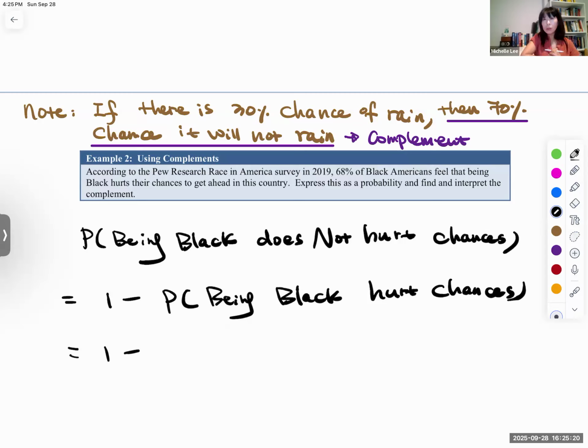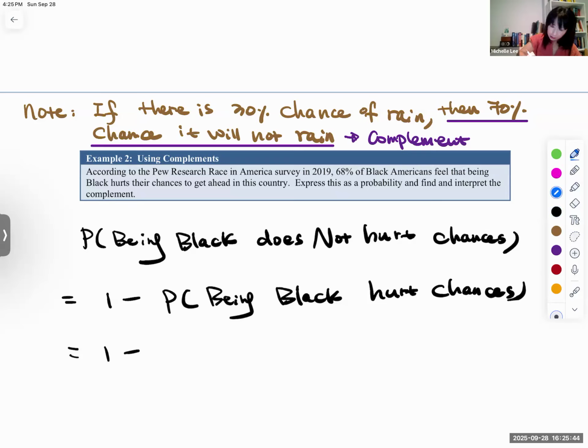Okay, so when we calculate, we have to change it to a number, right? From the percent. So from the percent, how do you make a number? We make a decimal, right? So how do you make a decimal? We times 0.01, right?